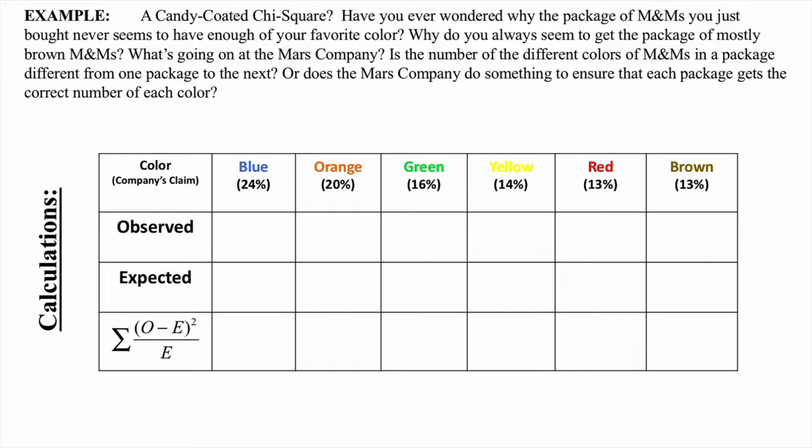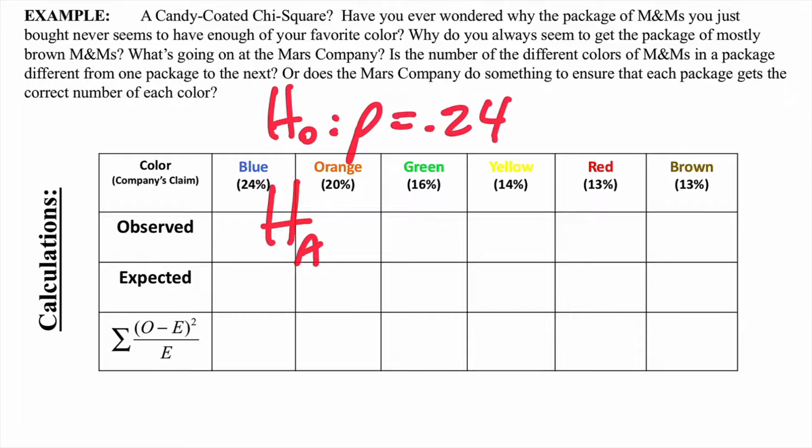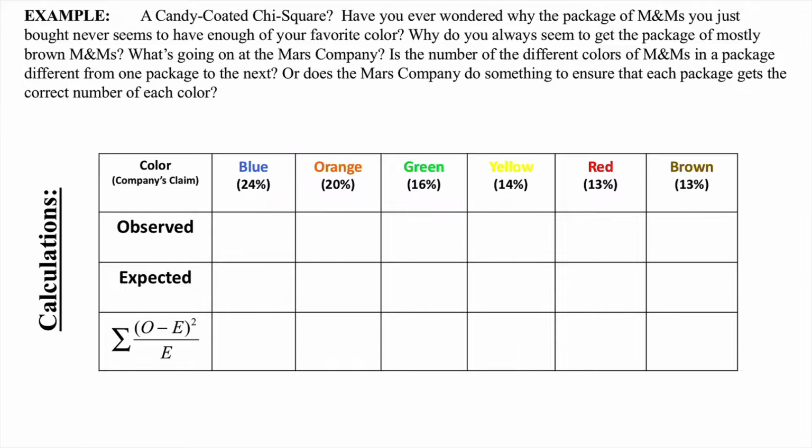I think it was blue. And then we just tested that one claim. We said, we're going to test blue. I'm going to count how many blues I have and see if it's 24% or higher or lower. And our null hypothesis was the proportion is 24%, and our alternative is, I think, not equal to whatever we said. I can't remember what we said.